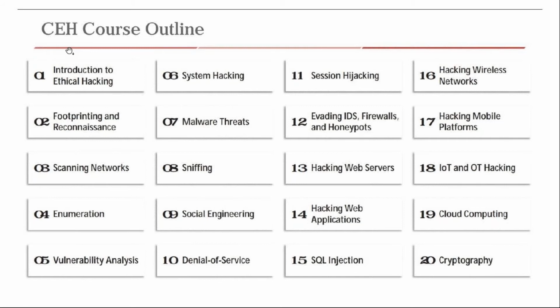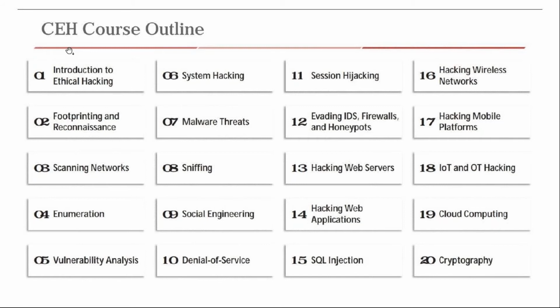Then the new thing added to the CEH version 11 is IoT hacking. Now you see that you have IoT around you and you are using it in your day-to-day life as well, where every device has become smart. Like you can control your air conditioner through a remote control or through your watch or mobile phone.